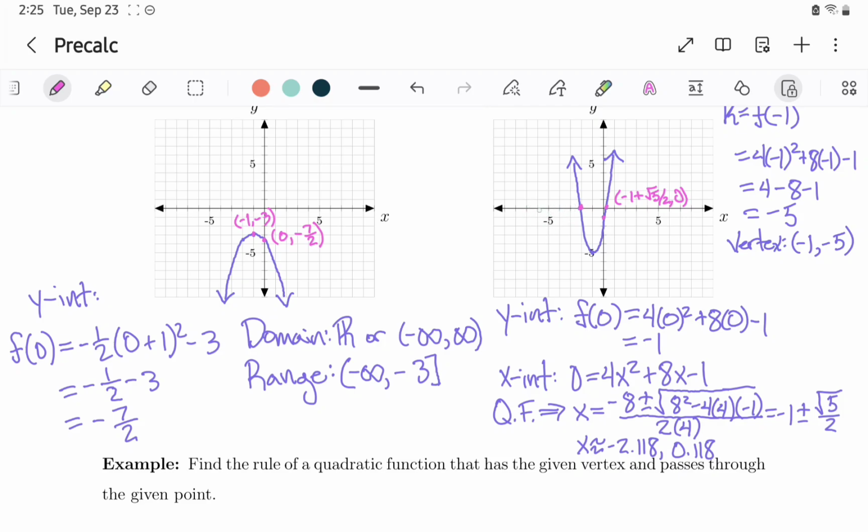Then our other x-intercept, which is going to be at minus 1 minus square root of 5 over 2, comma 0. Then we had our vertex down here at -1, comma -5, and our y-intercept over here at 0, comma -1.